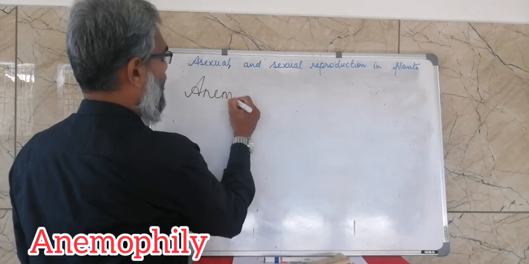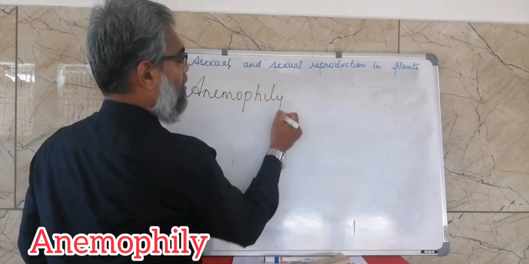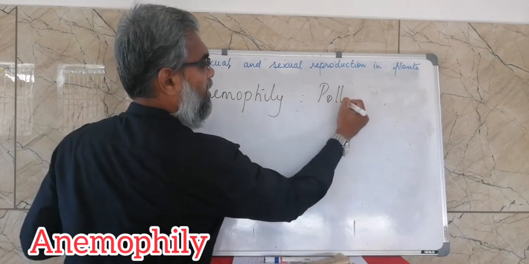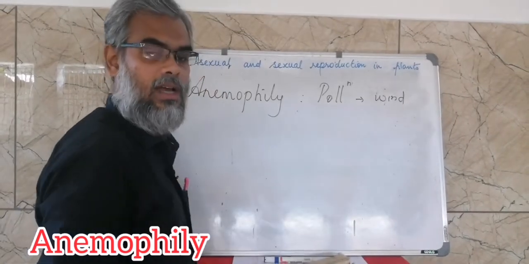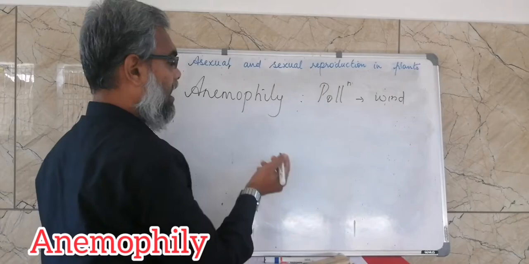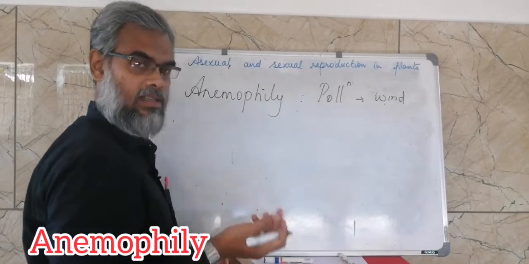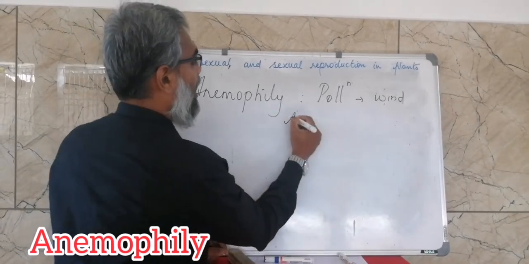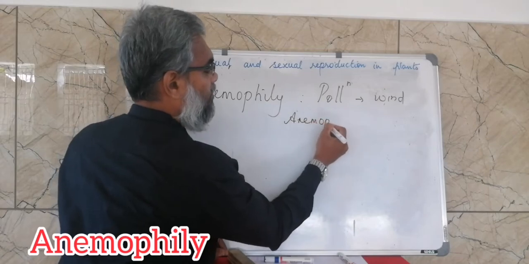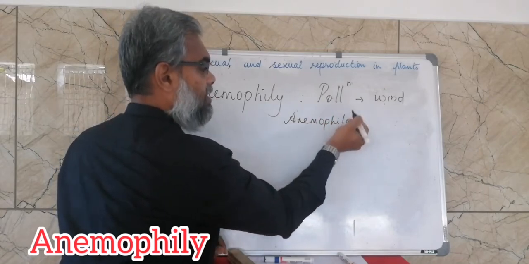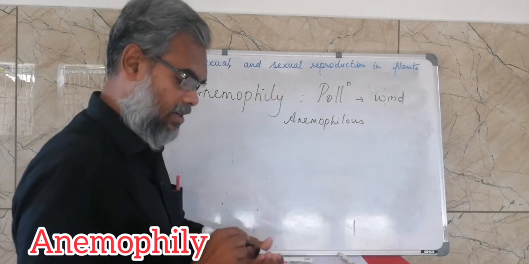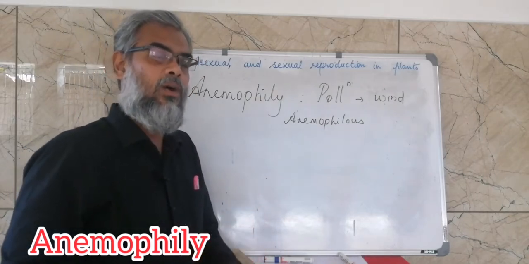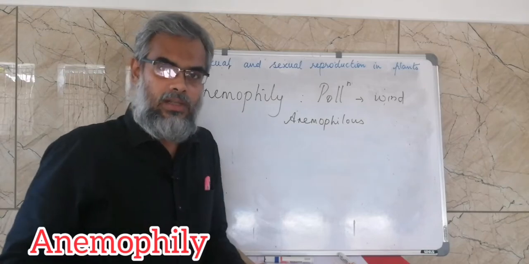Anemophily is pollination occurring by wind, and the flowers are called anemophilous flowers.